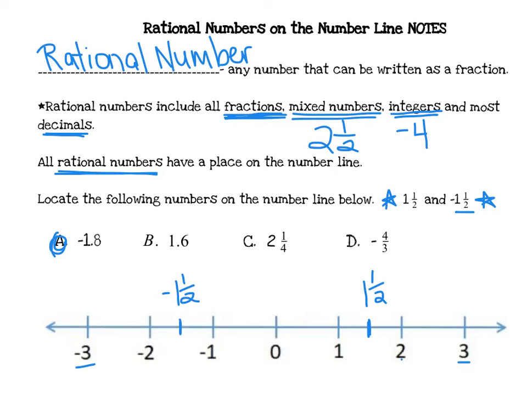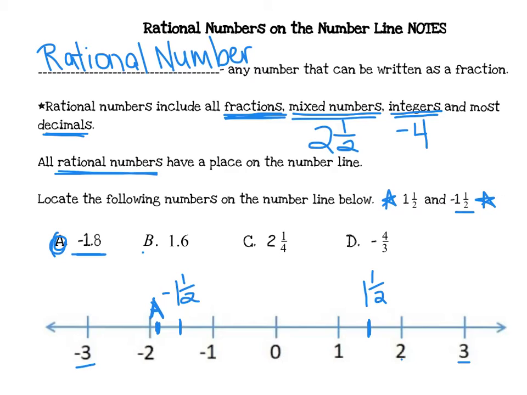So I'm going to think +1 and 8/10 is going to fall between +1 and +2, but closer to 2. So that means the opposite of that, or -1 and 8/10, is going to fall between -1 and -2, but closer to -2, almost to -2. Okay, I'm going to label that point A.